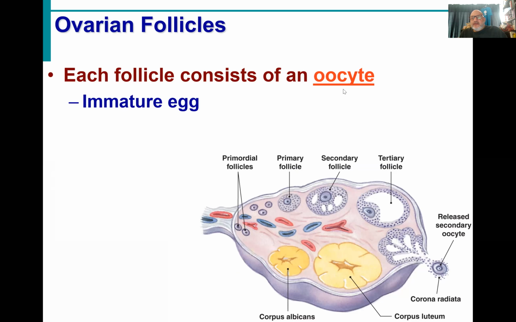As we talked about, it has an immature egg, and that immature egg has a name. We call it an oocyte. What was the name of the immature sperm again? Spermatocyte. Mm-hmm. Remember, spermatocytes have stages, primary and secondary, and we're going to see the same thing with our oocyte as well.